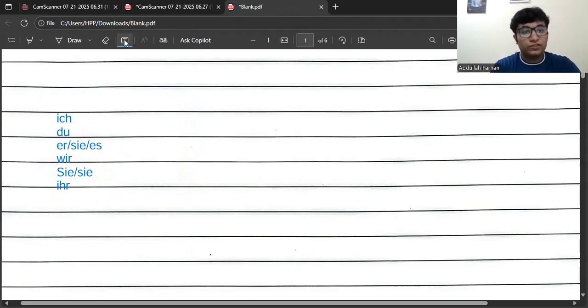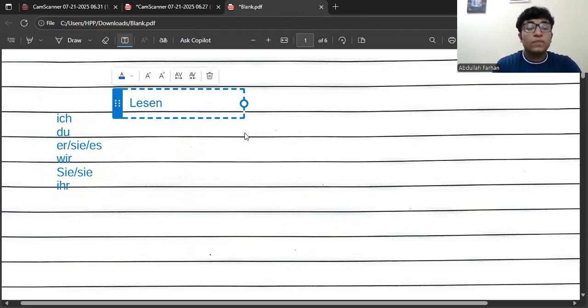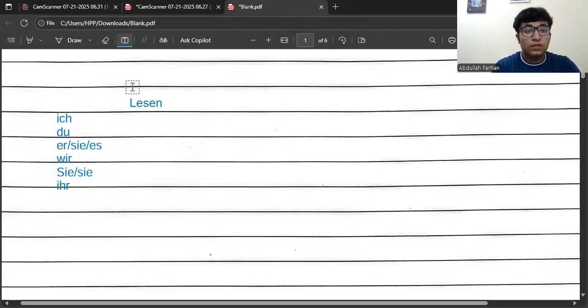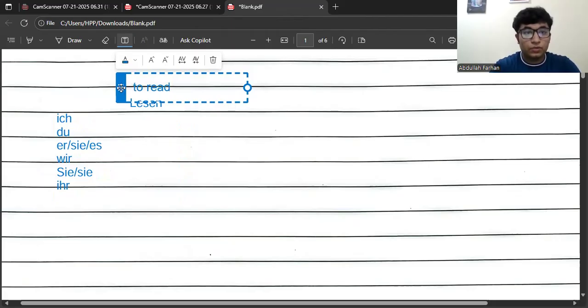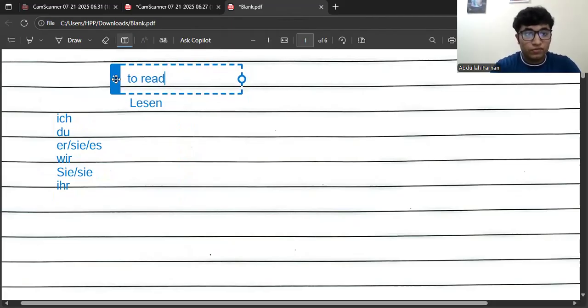Let me write down, for example, some irregular verbs. I want you to copy them down with me. Lesen means to read.